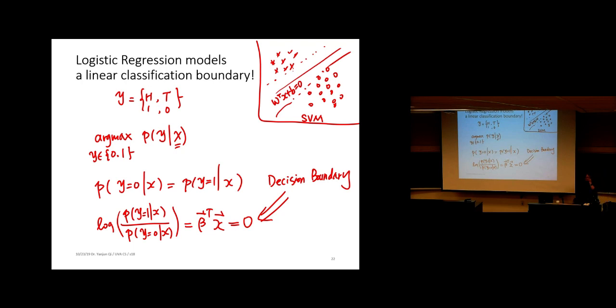Yeah, so when they're the decision boundary points, P(y = 1 | x) over P(y = 0 | x) equals 1. Then I put it in here, so this equals 1 for a decision point. Log 1 equals what?